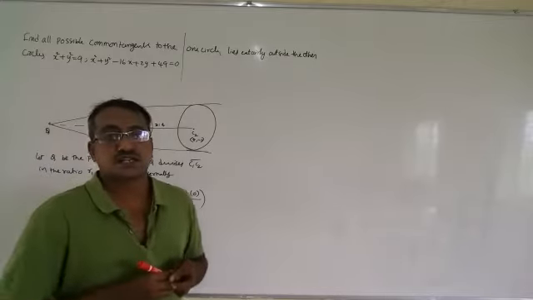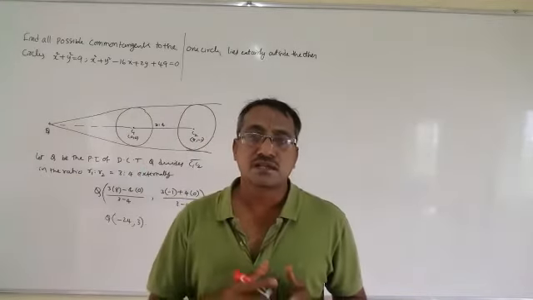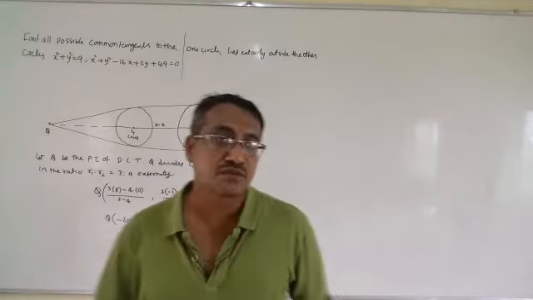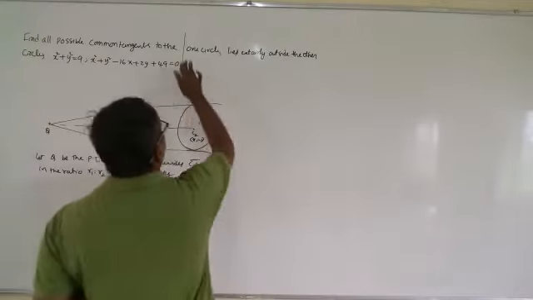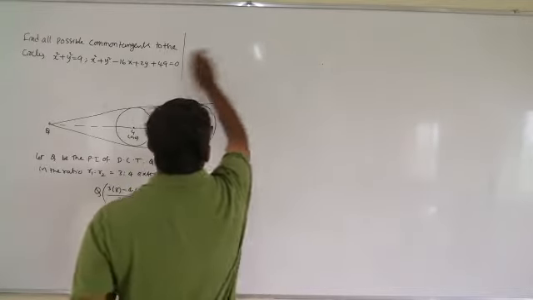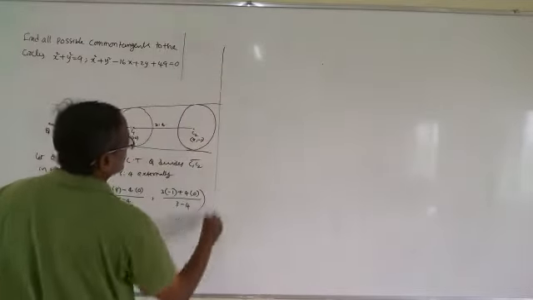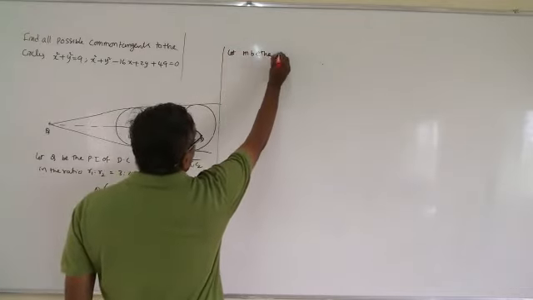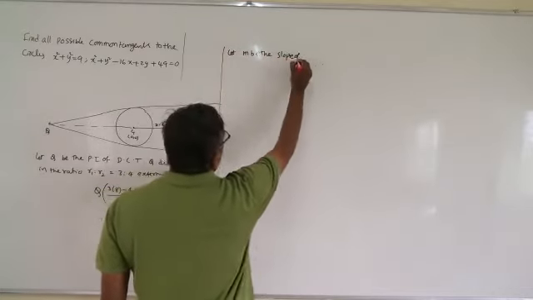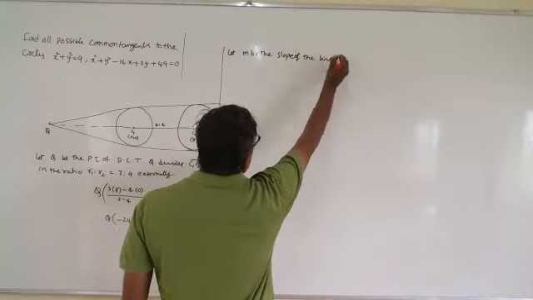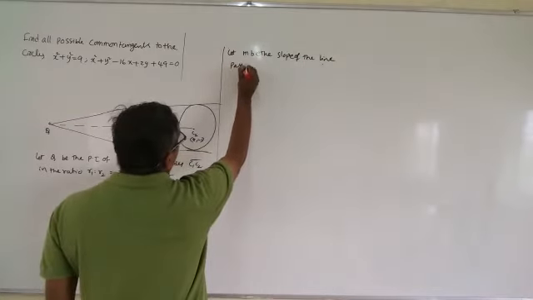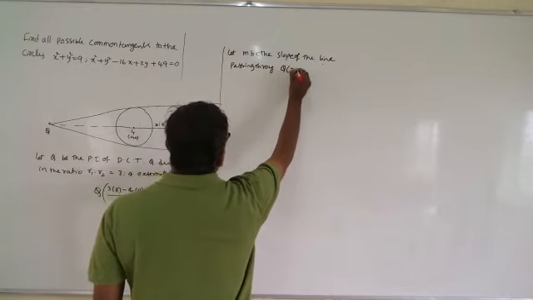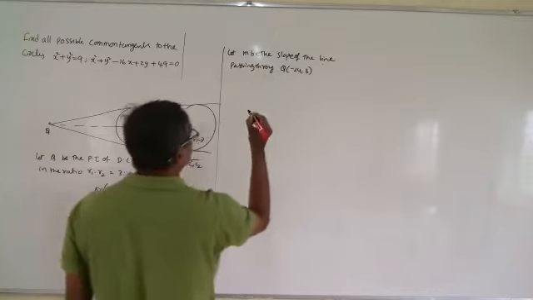Now let us consider the lines passing through the point (minus 24, 3). So let m be the slope of the line passing through Q (minus 24, 3).